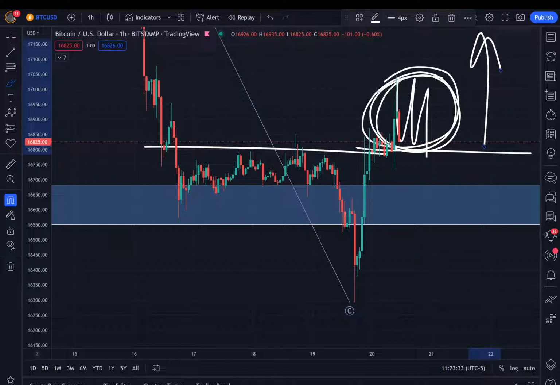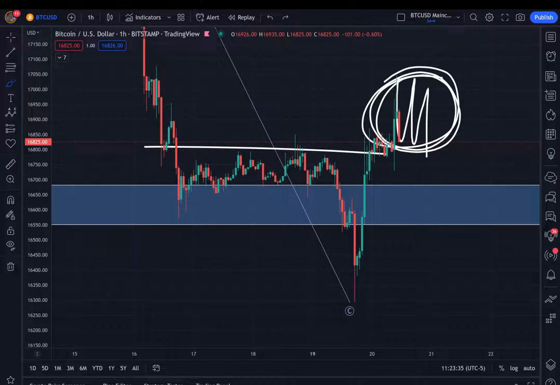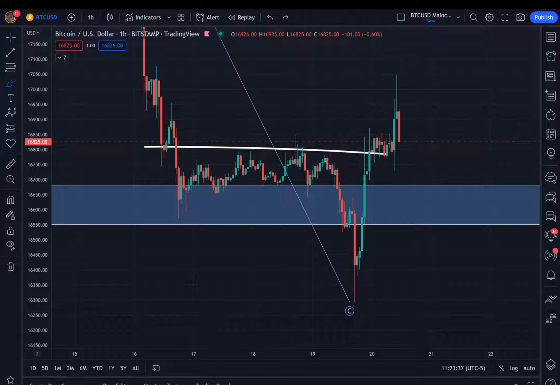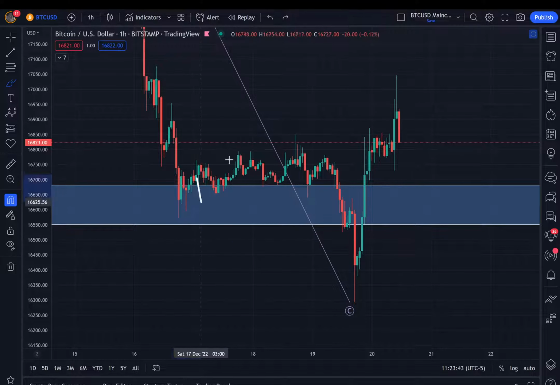That's very important analysis. If this is the bounce we're looking for, you will have a break of that previous resistance represented by that wave 4 accumulation, or that wave 4 range, whatever you want to call it.